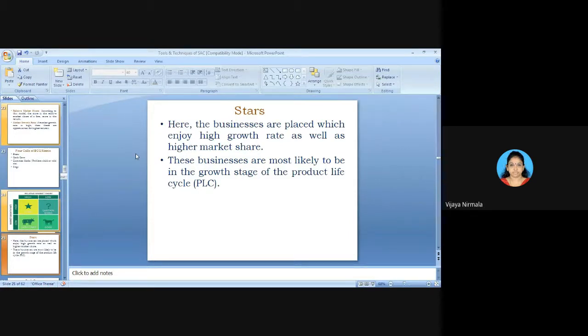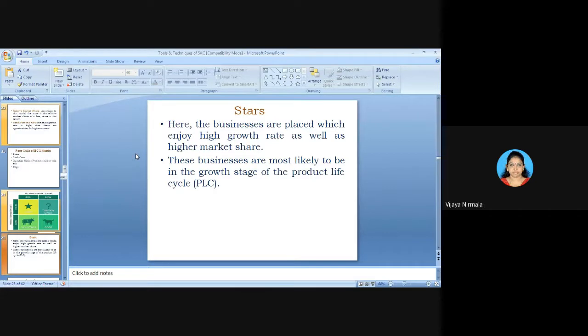For instance, the firms which pursue an aggressive strategy need to expand the market and gain maximum penetration in the consumer segments. For example, in India, you can have various sectors.